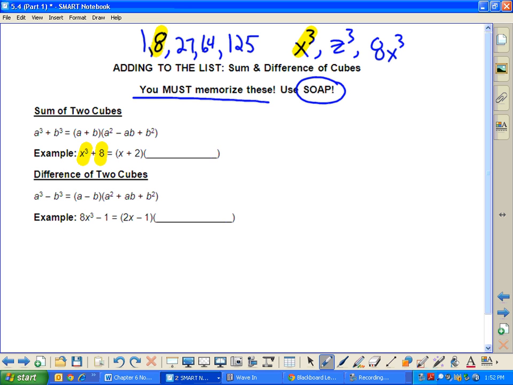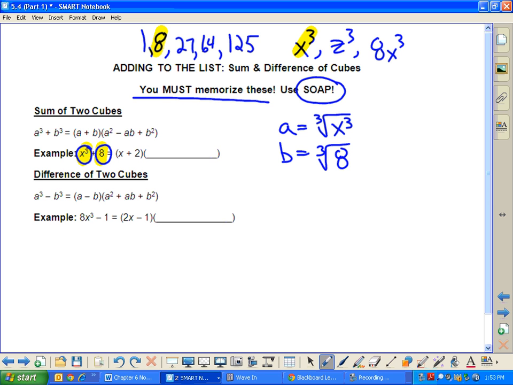To use the formula, it's helpful to identify an A value and a B value. A is just the cube root of your first part. B is just the cube root of your last part. The first part is the first term. The cube root of x cubed will help me determine A. To determine B, you have to take the cube root of 8.